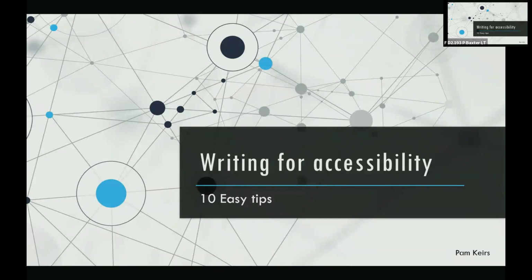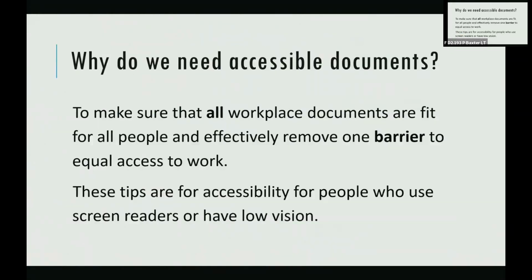So one way is making sure that all your workplace documents are fit for people who use screen readers or have low vision. And you might be thinking, but we don't actually have anyone in our organisation that uses a screen reader or has low vision.